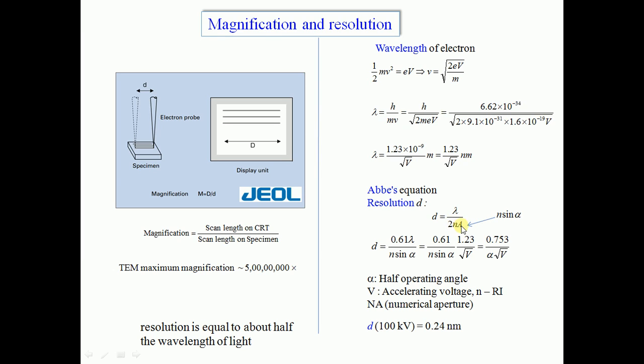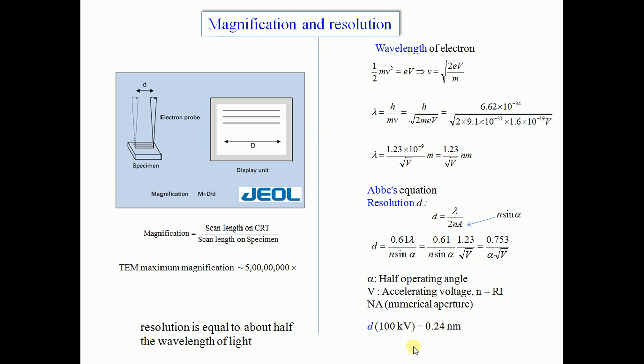The numerical aperture in the case of an electron microscope is given by n sin alpha. Therefore, by putting in lambda and the voltage, d can be 0.7 divided by alpha root V, where alpha is the half aperture angle and V is the acceleration voltage.